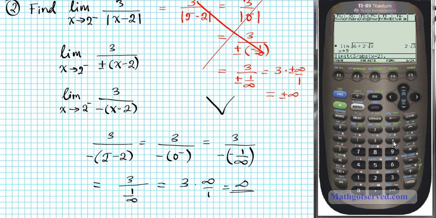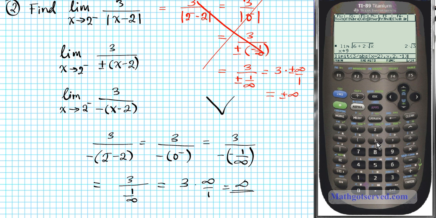Comma, the variable is x, comma, the number we're approaching is 2, and now the direction. Remember what we indicated earlier? All you just have to do is put in a number with the sign of the direction that you're approaching. Okay? So since you're approaching 2 from the left, I can simply enter negative 1.